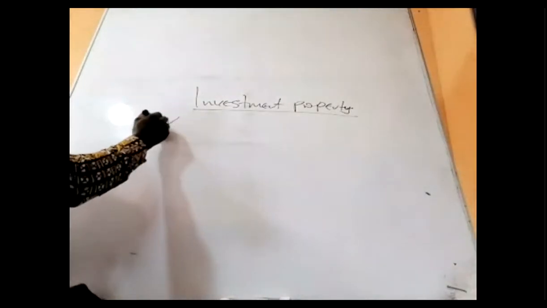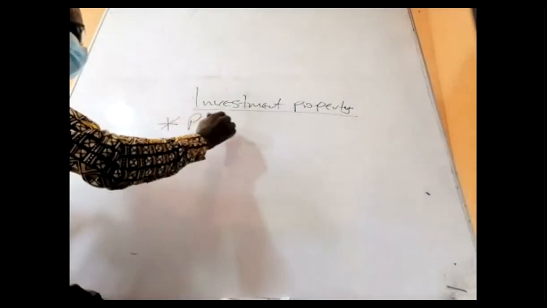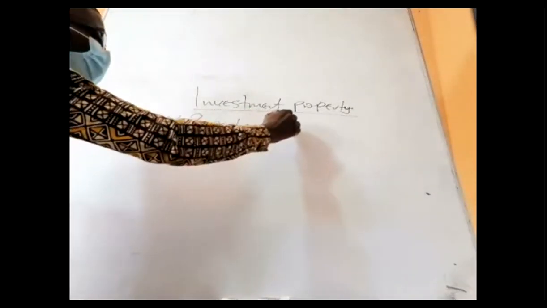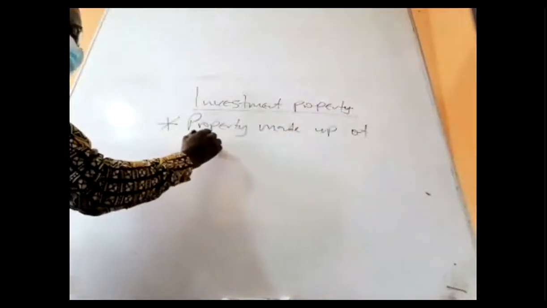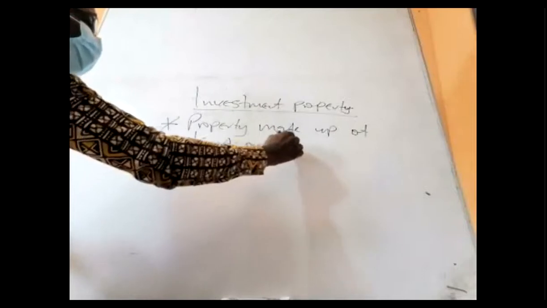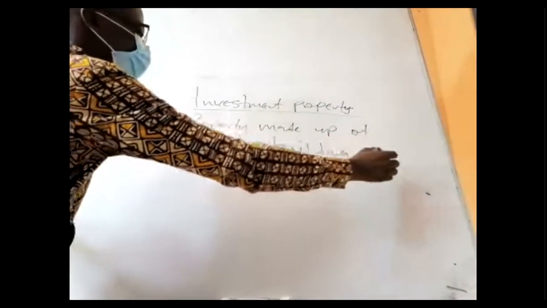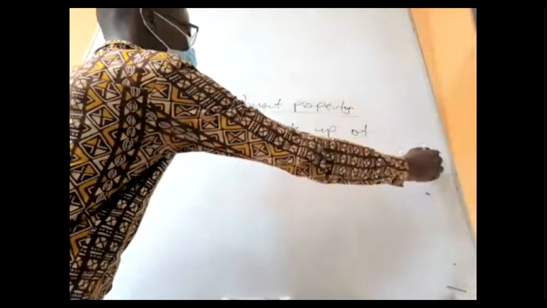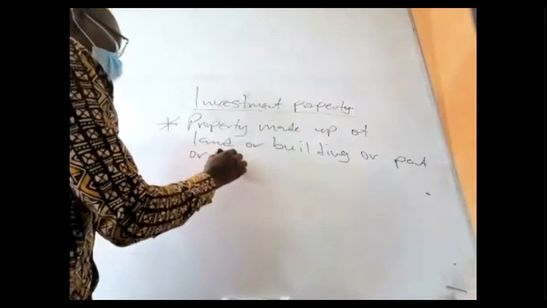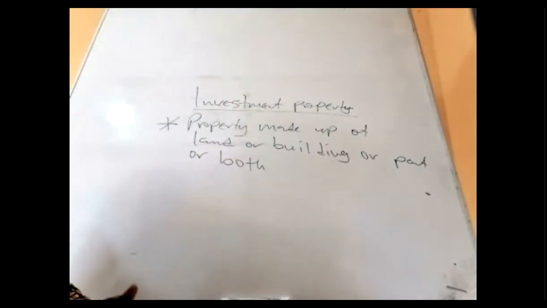So the first feature of investment property is a property made up of land or building or part or both. In fact, this definition has a lot of "or".